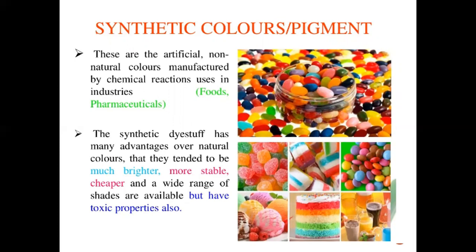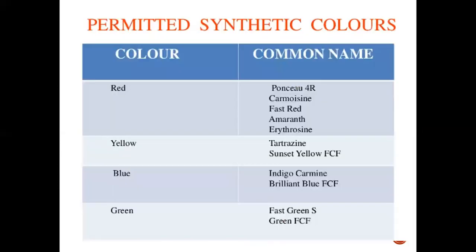But in the case of synthetic colors, naturally it's very cheap. But the problem is it has a lot of health problems because there are chances that it can be toxic, especially if it is above the ADI, or acceptable daily intake.